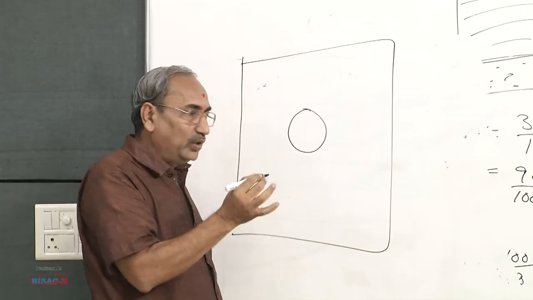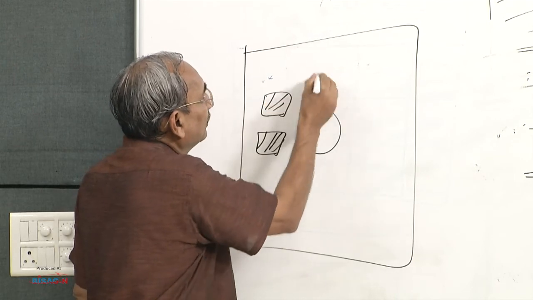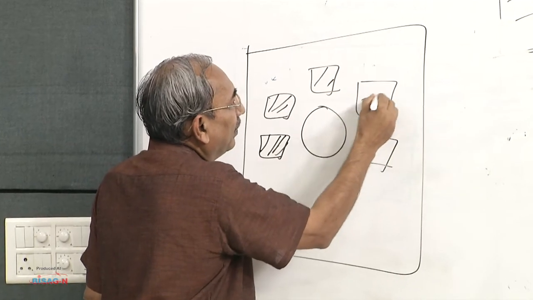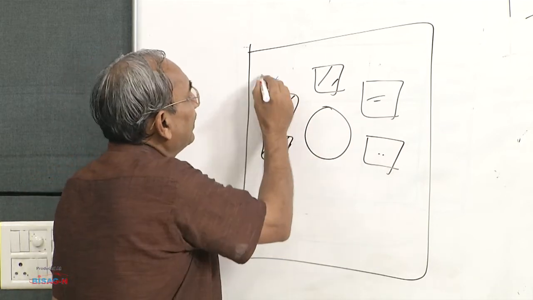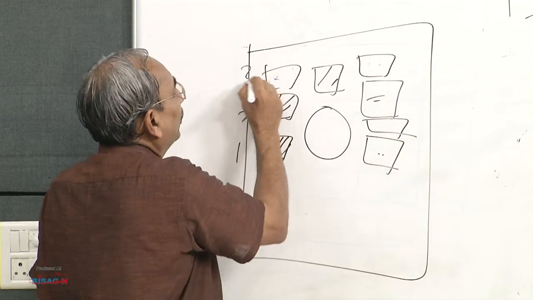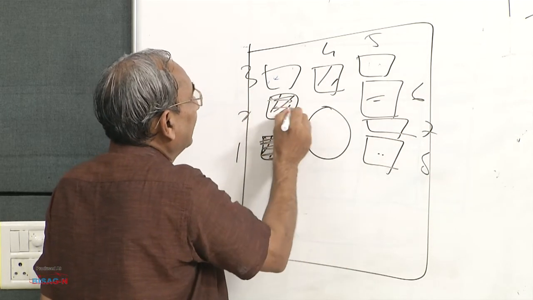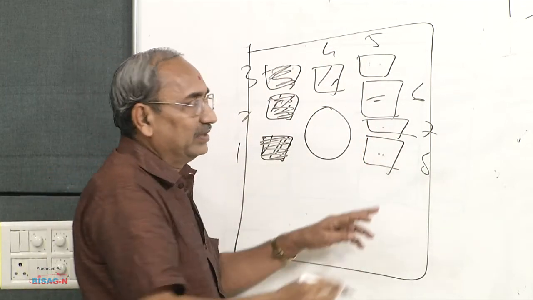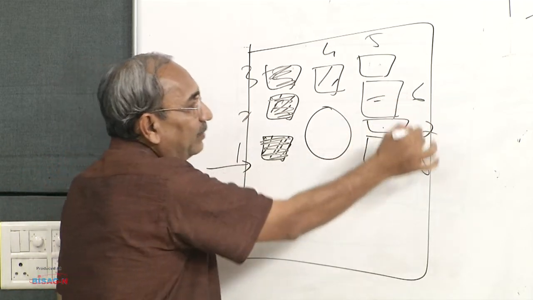By looking into the mirror, you can find out, from the photographs of the tongue, whether you are anemic. Let us say we have 8 photographs, 1, 2, 3, 4, 5, 6, 7, 8, from most red to less and less red. 8 is most anemic, this one is most red in color, hemoglobin is more; here hemoglobin is less.